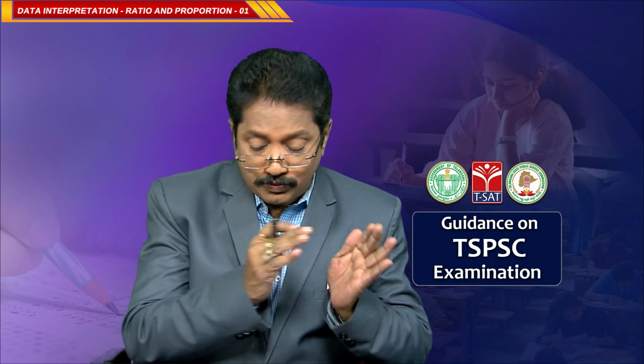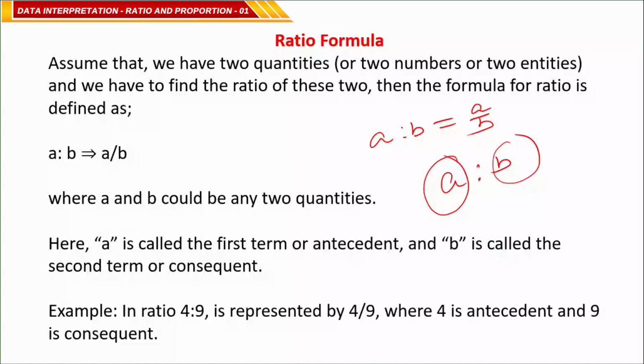So, we have to know which is the first term and the second term. When we have 4:9, for example, we can write 4:9 as 4 by 9, correct. In the 4 by 9, the first one is the antecedent and the second one is called the consequent. Generally in a fraction, the first one is called the numerator and the second one the denominator. This is a ratio, so we say one is the antecedent, the other is the consequent.